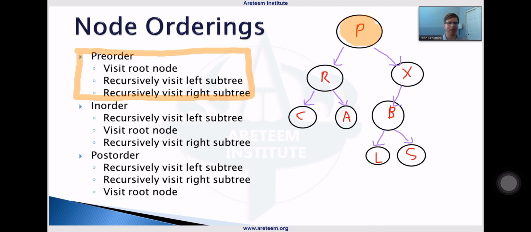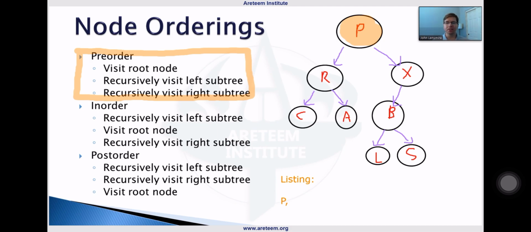If I put a labeling of our listing here on the bottom, the first thing that's getting printed out is P in this case. So that's what we have as our first value here.